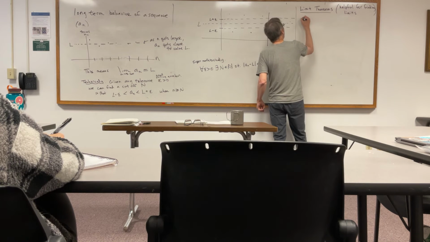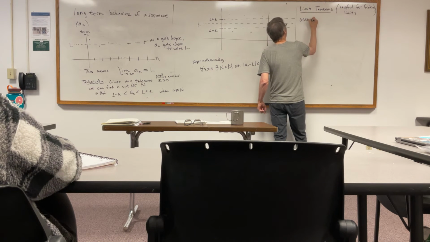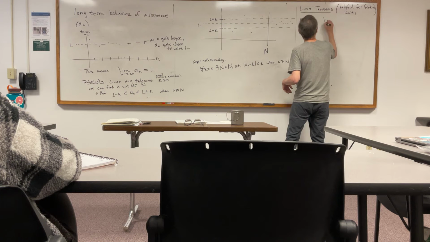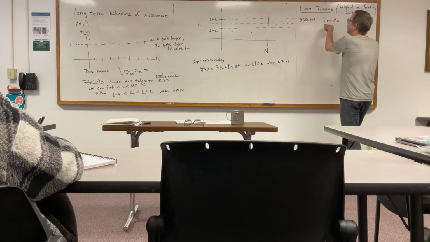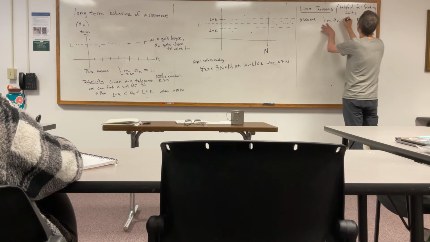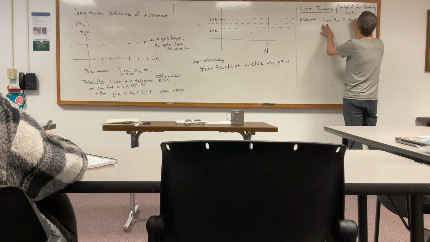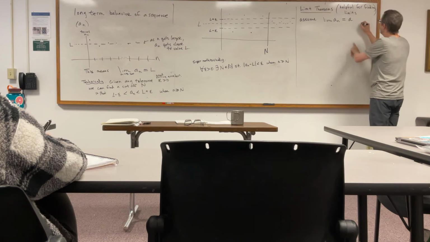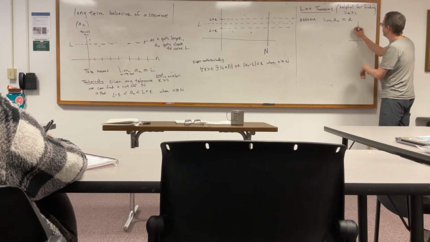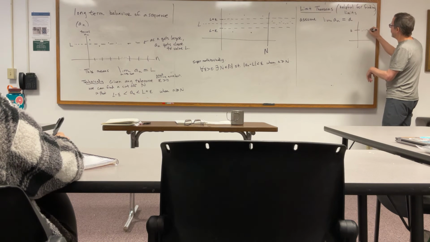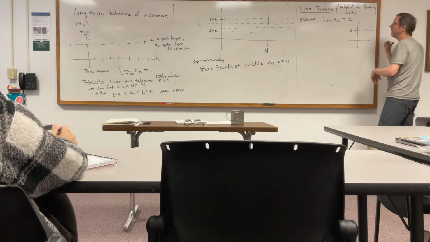So let's assume that I know the limit of one sequence, and I'm not even going to put the n goes to infinity. The limit of a sub n is equal to some number a. So that means that sequence settles down on a. That's all that means.